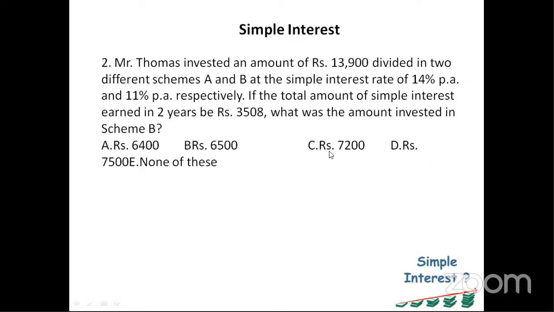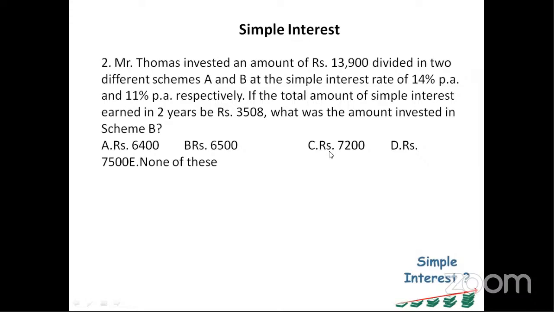Mr. Thomas invested an amount of rupees 13,900 divided in two different schemes, A and B, at the simple interest rate of 14% and 15%.